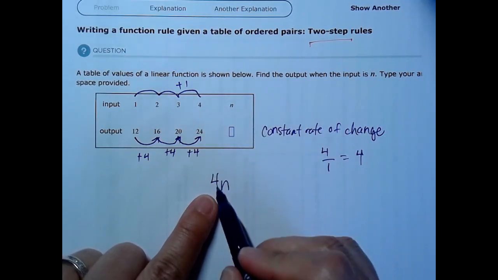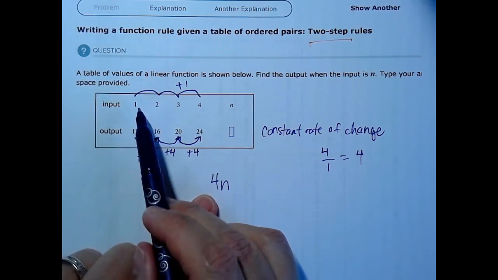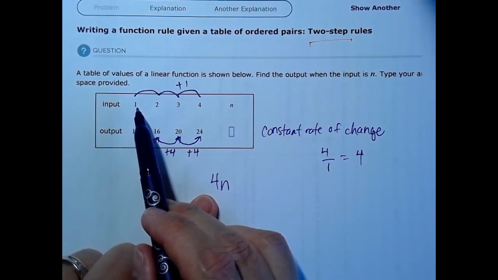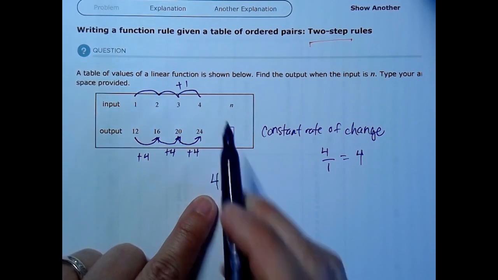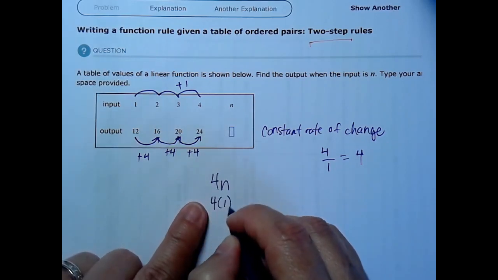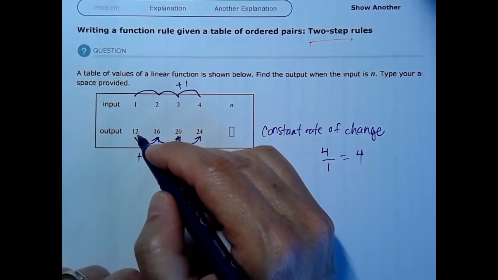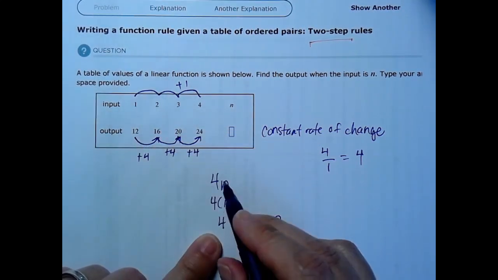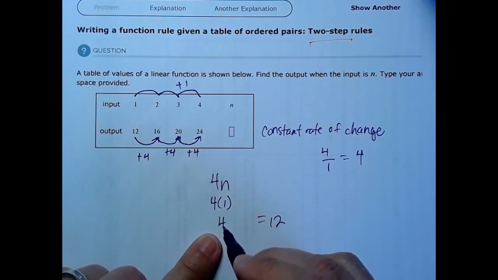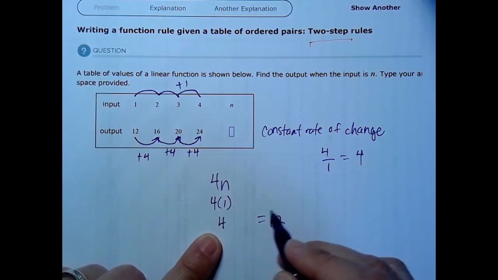So if n is equal to 1, if I put 1 as my input, this would be 4 times 1, which is just 4, but my output was 12. Well, if my input is 1, I only get out 4, but my output's supposed to be 12.